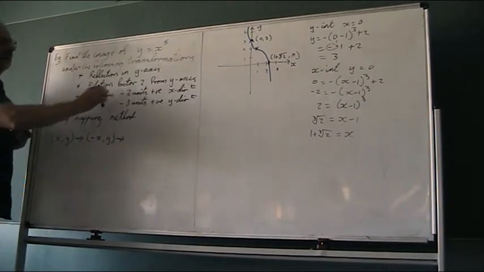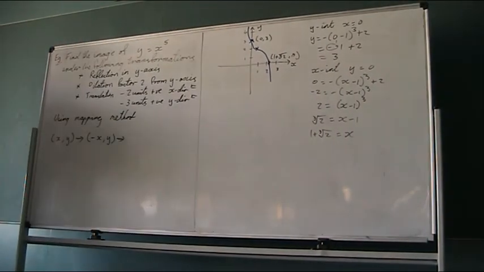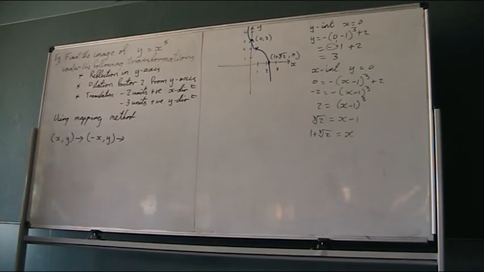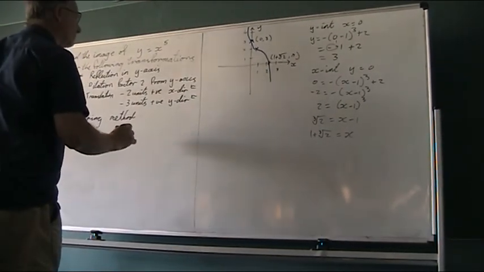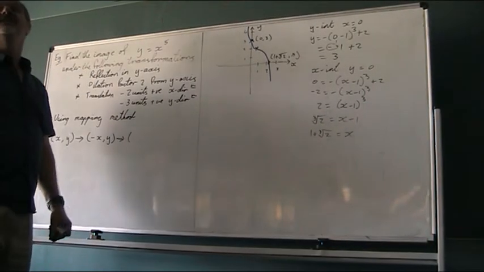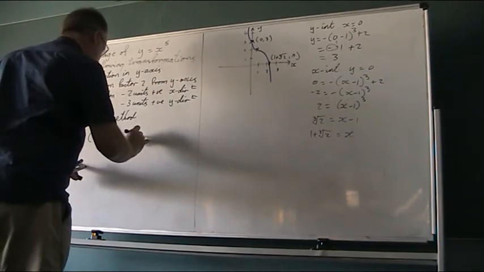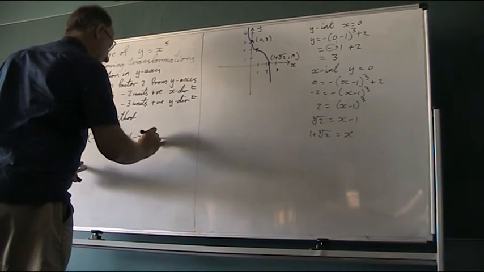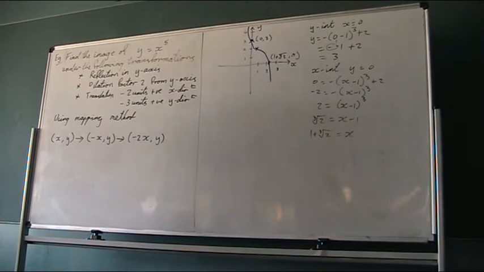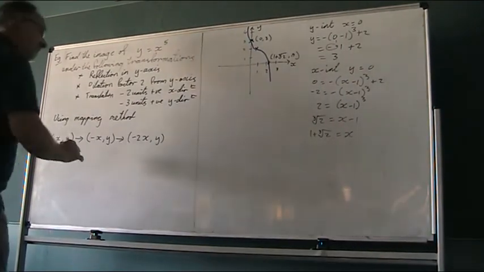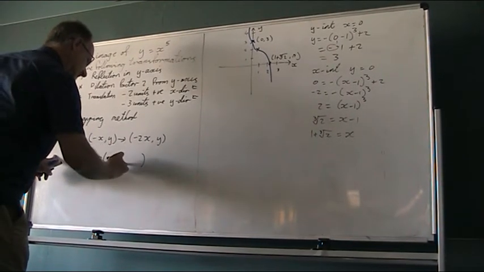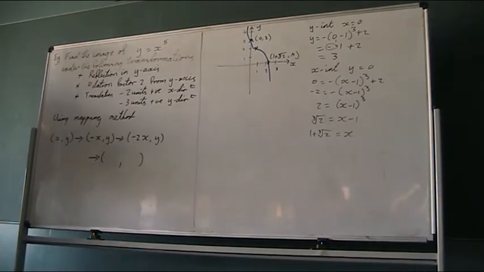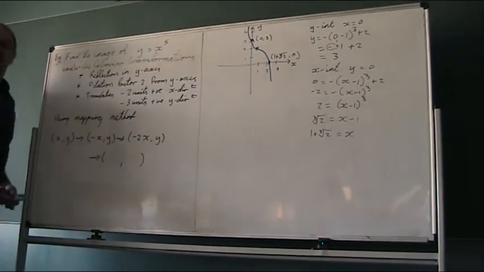We then dilate factor 2 from the y-axis. So if we're moving from the y-axis, what changes? The x. And how much does the x change? By a factor of 2, which means we multiply. And we've already got a minus there, so now we've got minus 2x and y. I'm going to do the last two together. So translation, 2 units in the positive x direction.